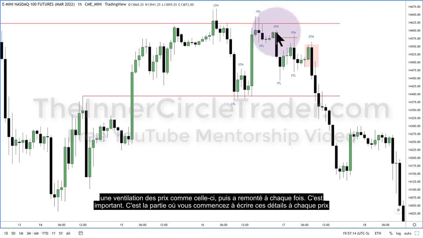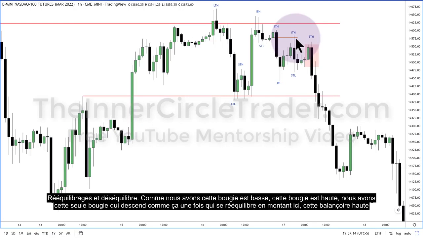And when we see price break down like this and then rally back up, every single time, this is important, this is the part where you start writing down these details. Every single time price rebalances an imbalance, like we have this candle's low, this candle's high, we have that one single candle passing down like that.